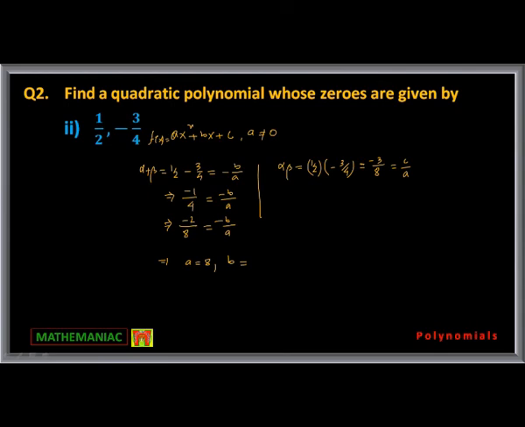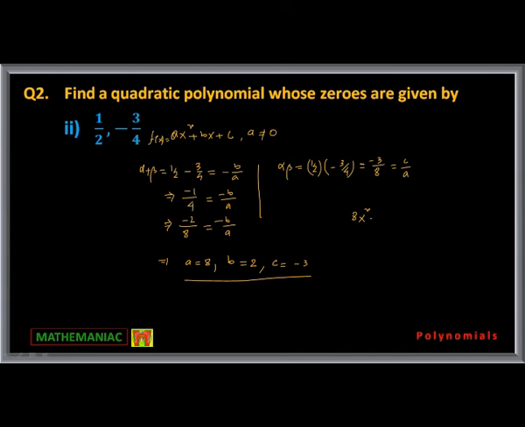Can you compare this? If you have any doubt, please send me details by mail or in the comments of the video, and I'll explain to you. This is 2, and then c equal to minus 3. Fine. So if c equal to minus 3, b equal to 2, and a equal to 8, what is the polynomial?